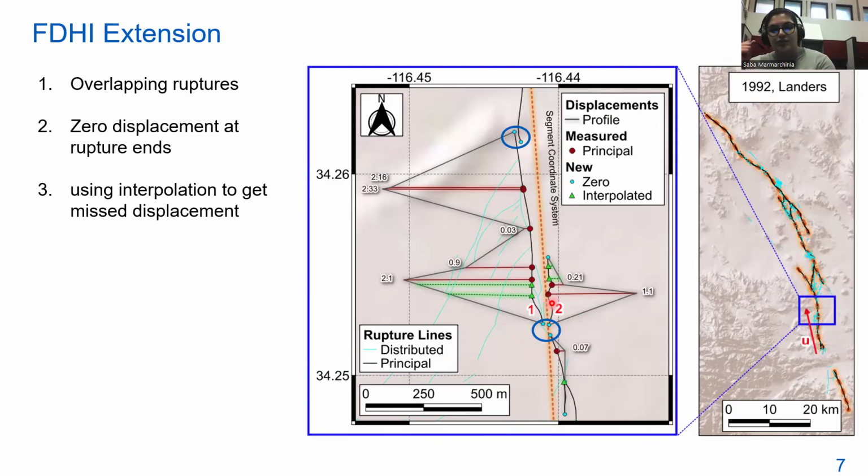In order to do that, we assign zero displacement at rupture ends, and we interpolate the missing displacement in the rupture using the available displacement on that rupture. This step is necessary because we want to define the hazard for individual principal displacement, or the displacements that are crossed by the structures. So for that, we need to have the displacement available on all of these overlapping ruptures.